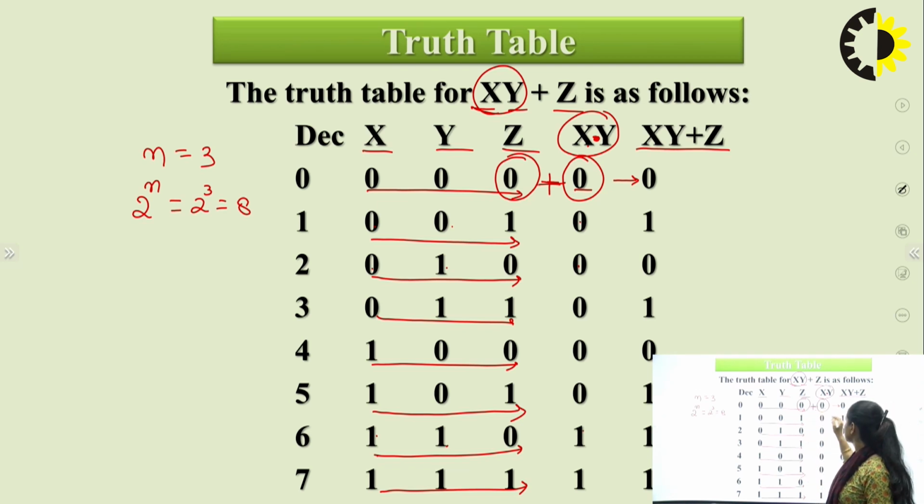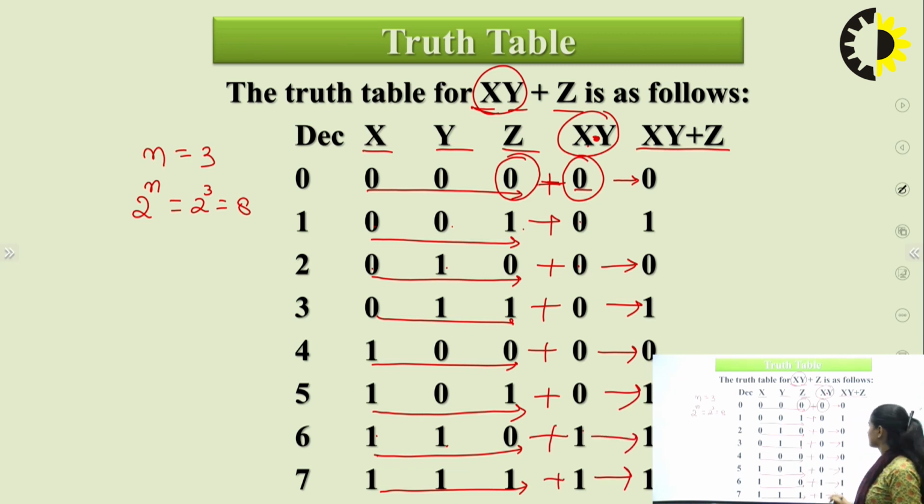So 0 plus 0 is 0, 1 plus 0 is 1, 0 plus 0 is 0, 1 plus 0 is 1, 0 plus 0 is 0, 1 plus 0 is 1, 0 plus 1 is 1 and 1 plus 1 is 1. So this is how I can make a truth table for the desired logical expression.